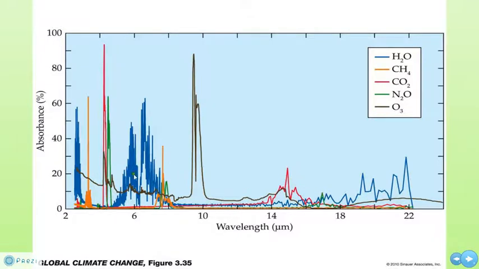But what they all have in common is that they absorb some wavelengths of radiation that the Earth is giving off, but they don't interact very much with the shortwave radiation that the sun is emitting towards the planet. These gases are water vapor, methane, carbon dioxide, nitrous oxide, and ozone.